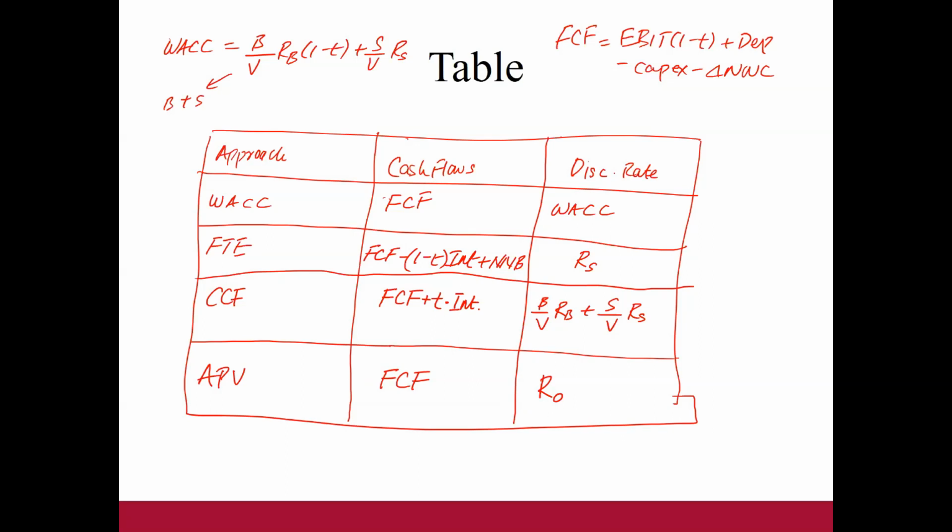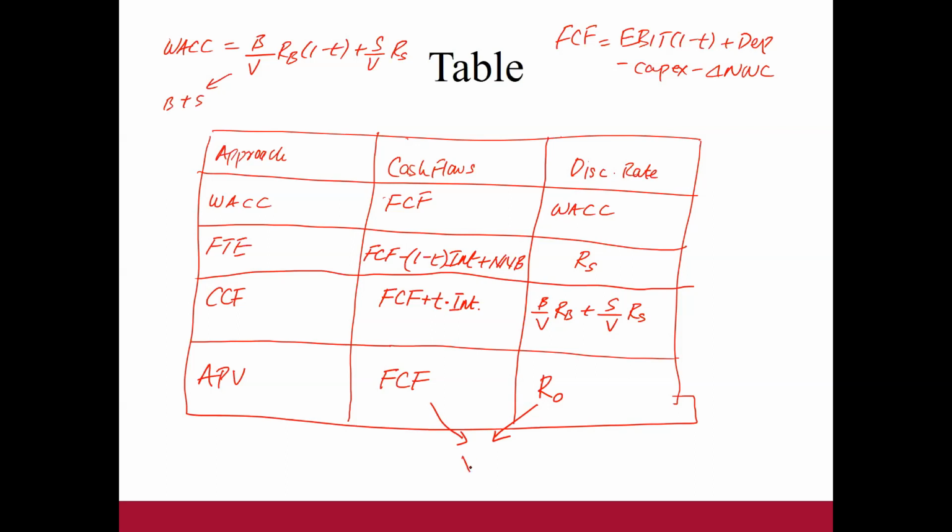By definition, when you use these two for your valuation, you're saying there is no leverage, there is no debt. Our cash flows have no effect of leverage, and our discount rate has no effect of leverage. So this is literally as if the firm is unlevered.